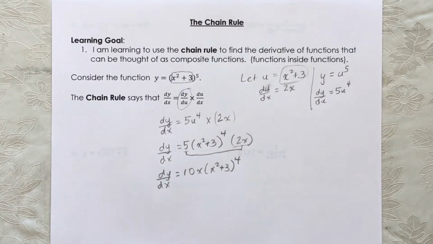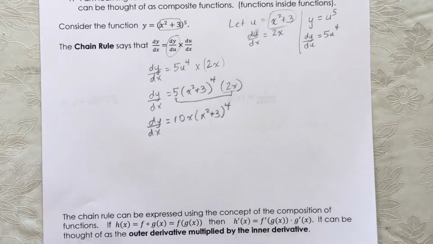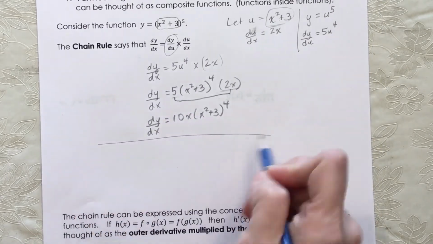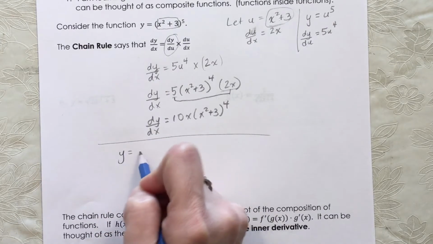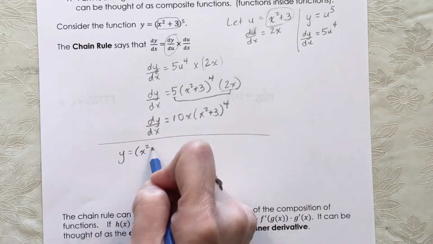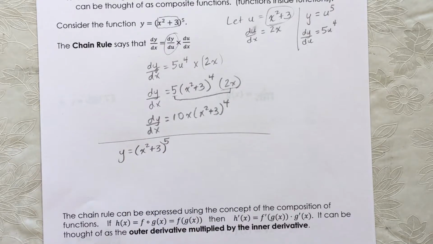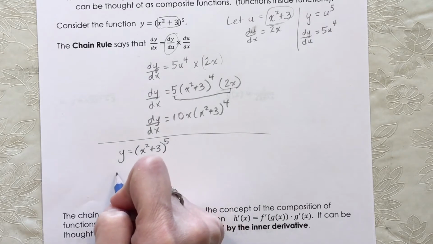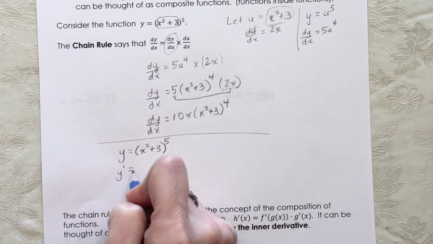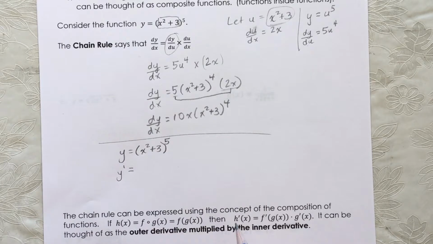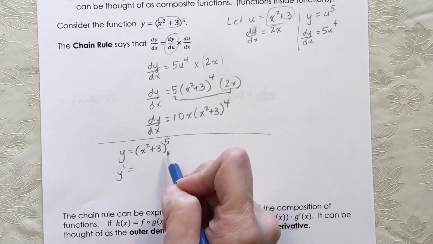We don't want to have to do a u substitution and figure it out in parts like this every time. So I'll show you how I like to think of it. If we start off with what I call a power function, so something in brackets all to a power, we can find dy by dx, or just y prime, by first doing something like the power rule, which we'll call the power of a function rule.